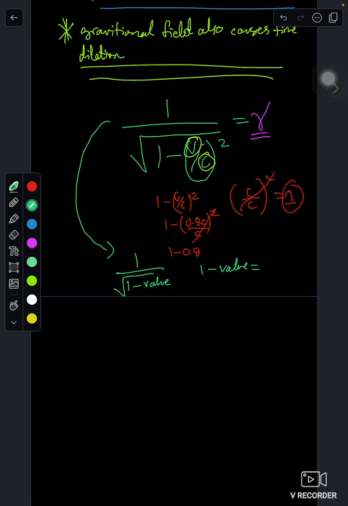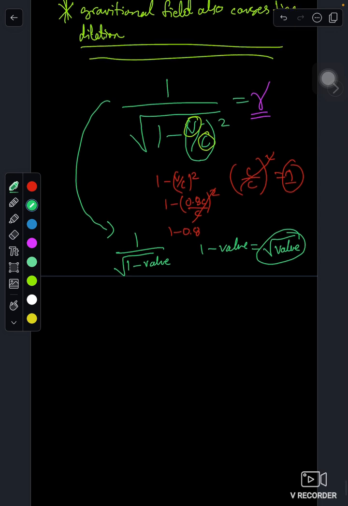The square root of that 1 minus value is something closer to 0, and 1 divided by something closer to 0 equals a huge number.